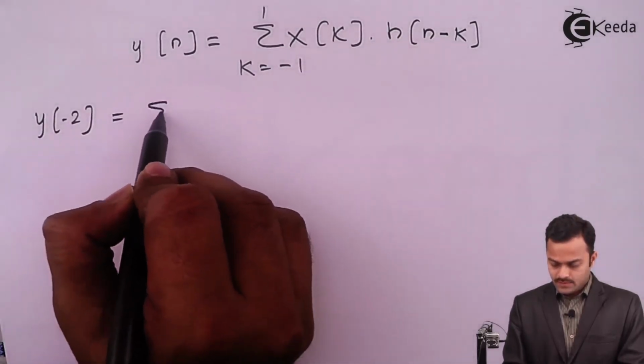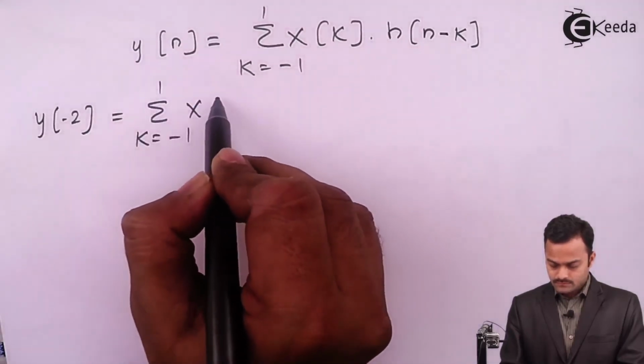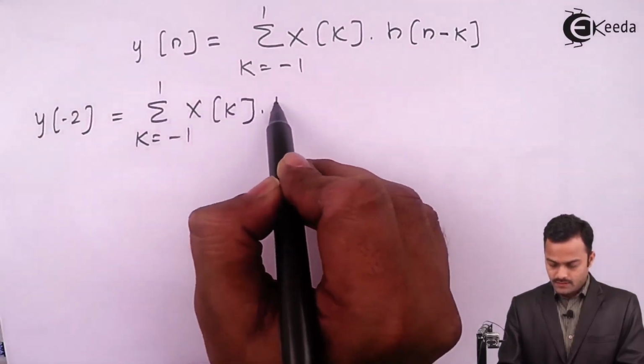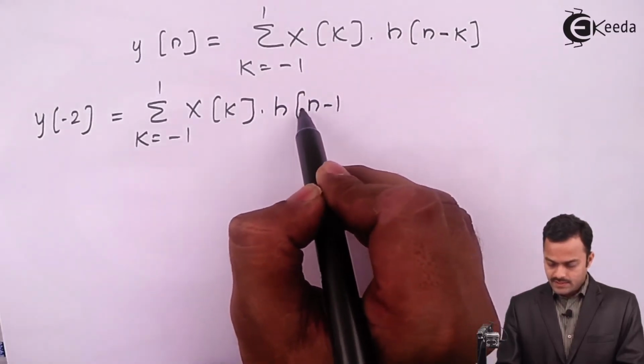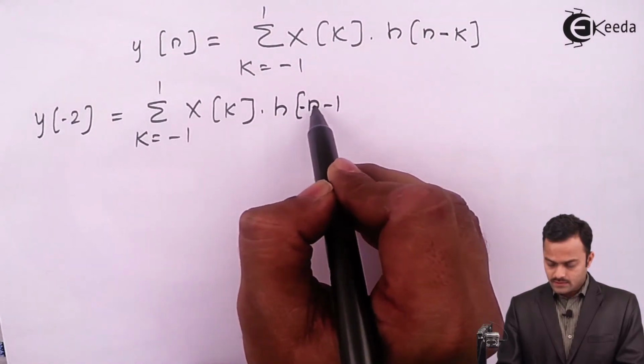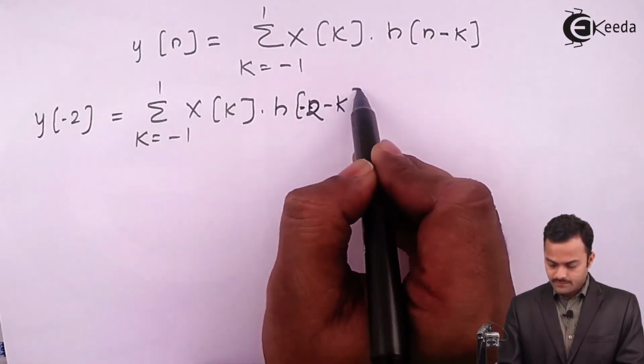I will get summation k equal to minus 1 to 1 x of k h of minus 2 minus k.